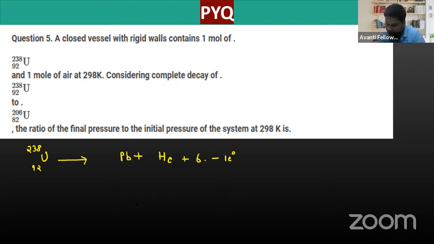Just balance the equation. This is nothing but 82 and 206, right? And here the 8 moles of helium, with atomic number 2. So we can say that the total gaseous moles after decomposition is nothing but 8 plus 1, that is 9.